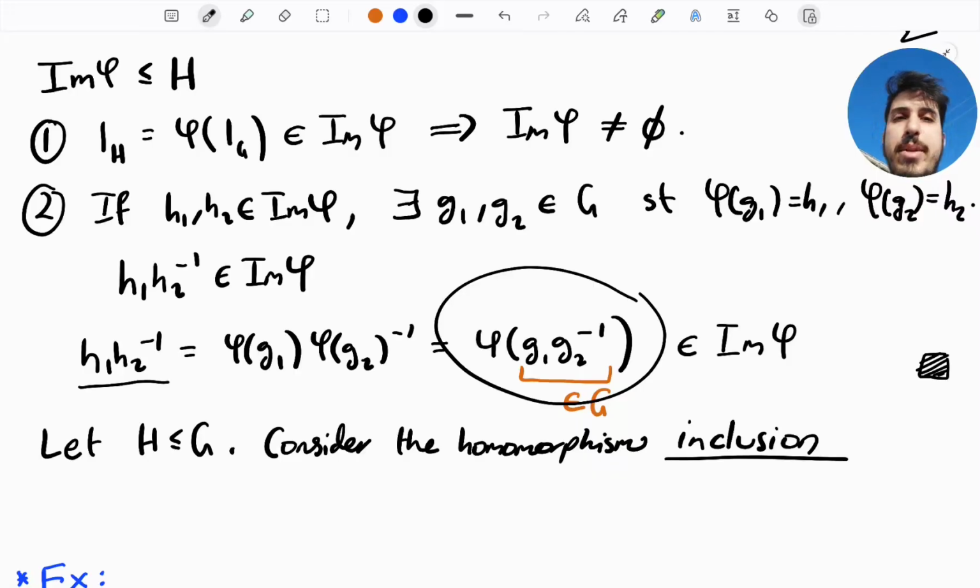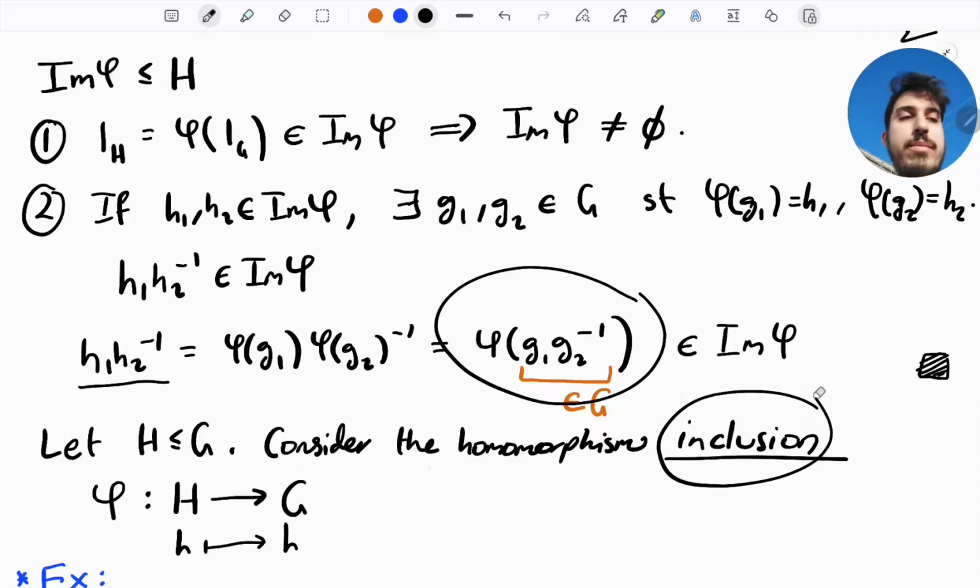So to explain what I mean by this, let phi be this inclusion map going from H itself to G. So clearly G is at least bigger, if not equal to H. And the map itself maps every element to itself. So it is the identity map just in a bigger set. So this is what we call an inclusion map.